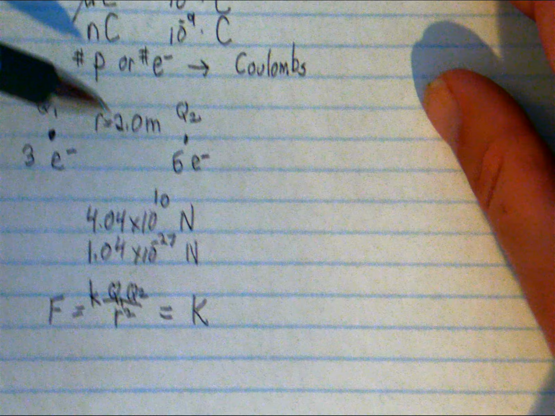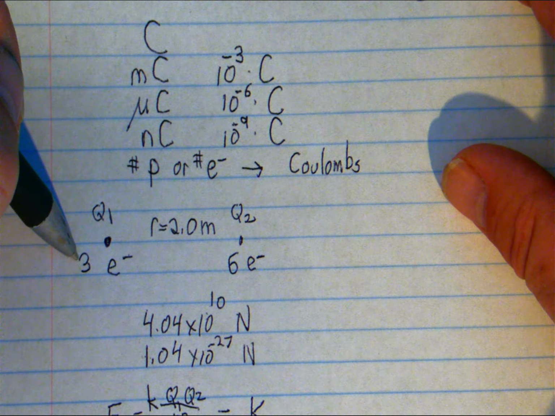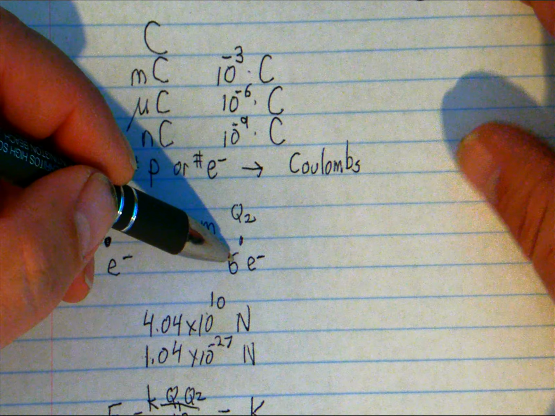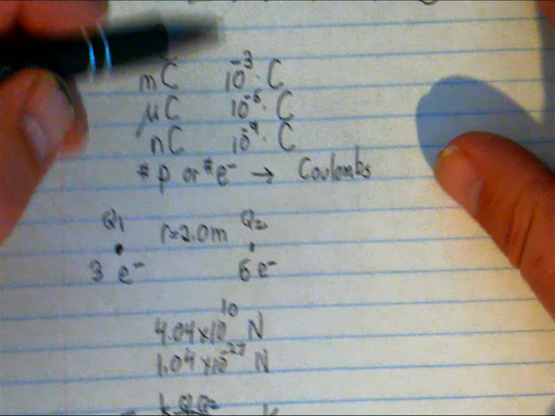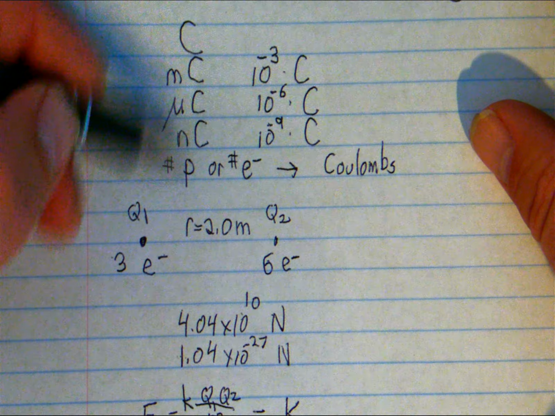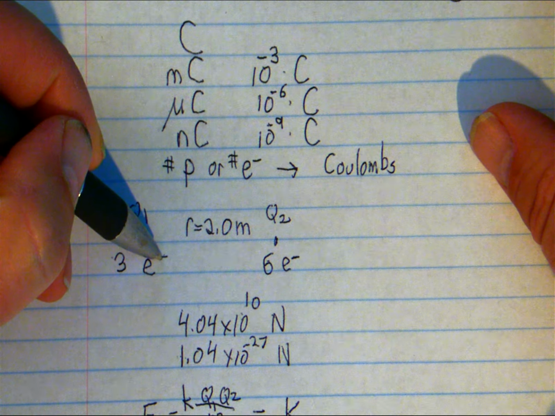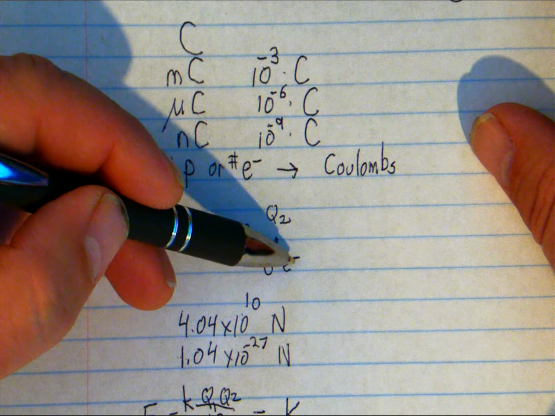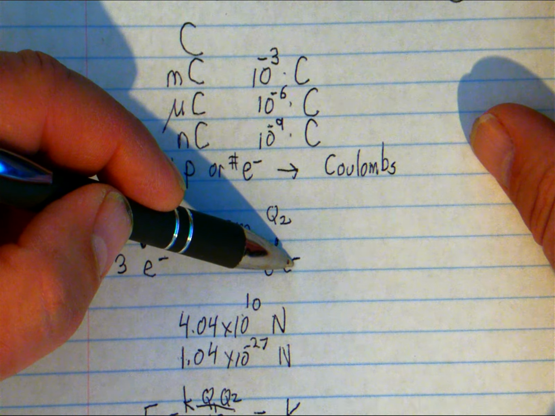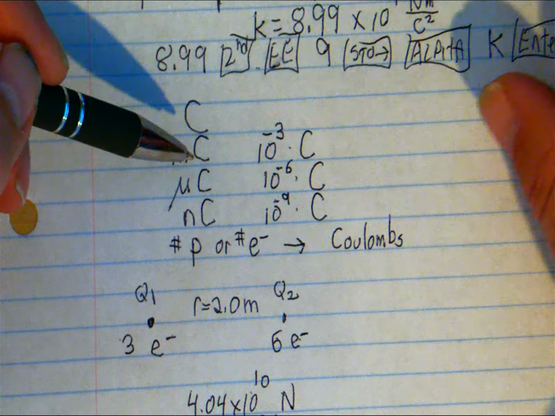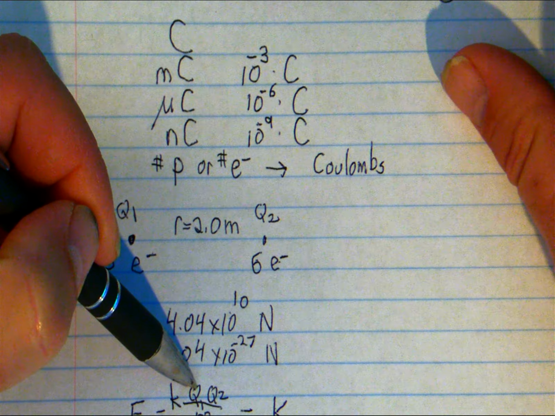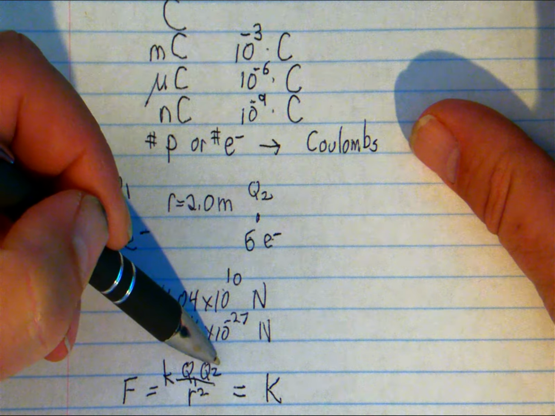For charge Q1, it's 3 electrons, and for charge Q2, it's 6 electrons. I notice that electrons have a negative charge and electrons have a negative charge. And I'm multiplying electrons times electrons.